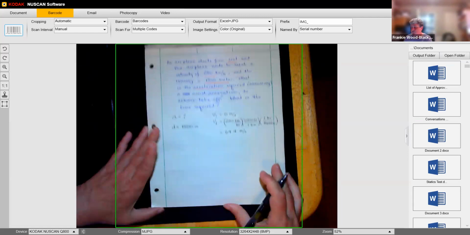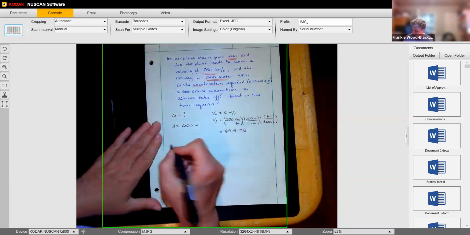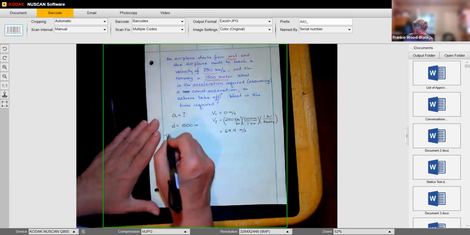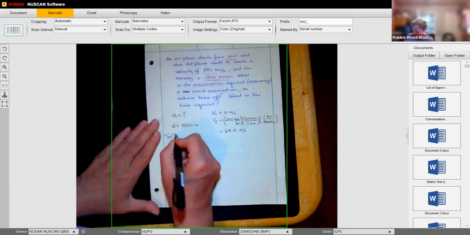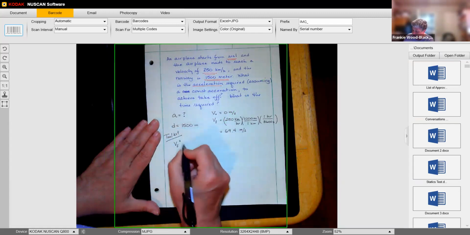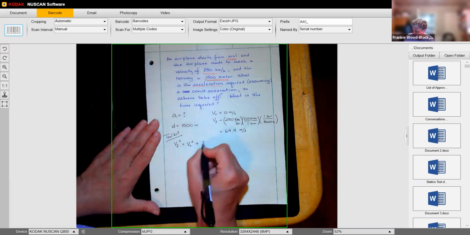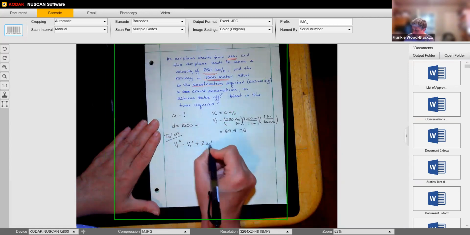And we have a few things at our disposal. The thing we have at our disposal is our toolkit. So let's look at our toolkit. We have that V final squared is equal to V initial squared plus 2 times my acceleration times my distance.